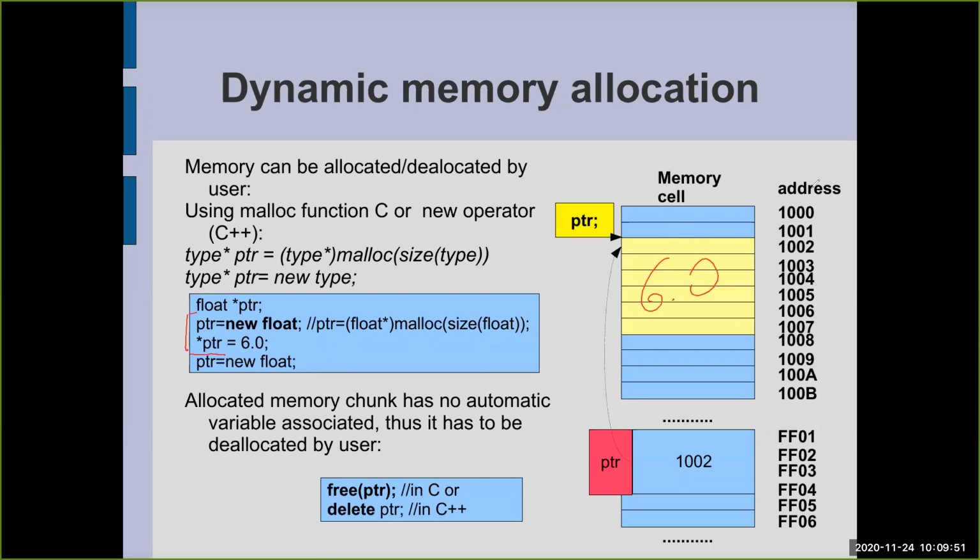Of course, the bytes were initialized with proper values based on IEEE standard. Yeah. So now I call a new float again. So what happened? What will happen if I perform this command again? What do you think?